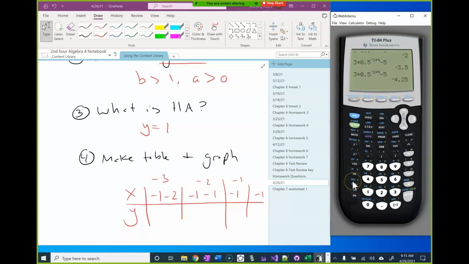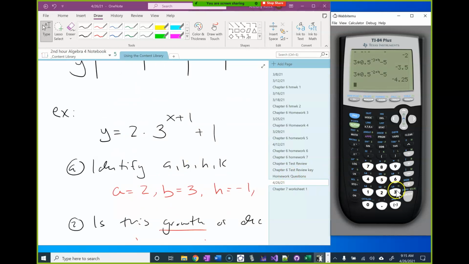Okay. So to find the y coordinates, all I'm going to do is plug these back into my function. So I'm plugging -3 in for x.